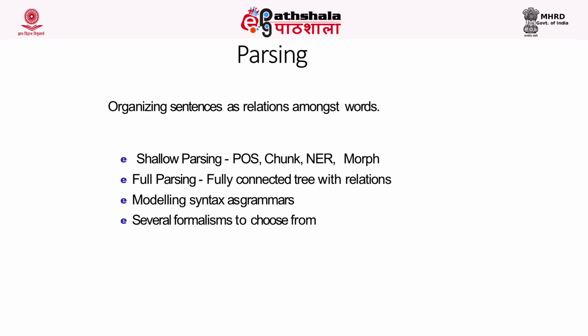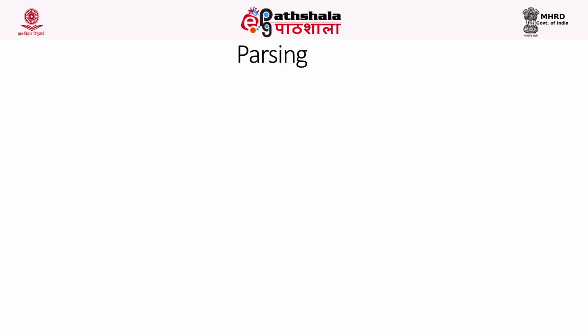The other formalism, which is very much used in computational linguistics, is dependency parsing. In dependency, relations between words are connected by looking at the nodes and seeing head and dependent relations.